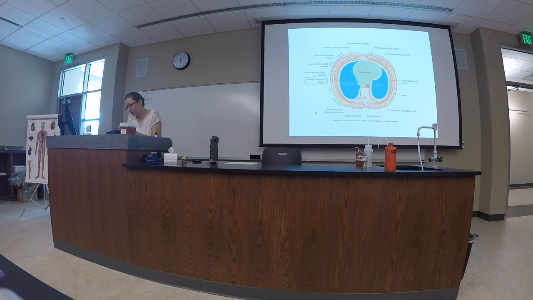You can see the layers of the intercostal muscles, so the innermost, the internal, and the external intercostal muscle. You see how they're oriented and how the cutaneous branches of the vessels and nerves are coming through the internal and external intercostal muscle layers. You see orientation of the internal thoracic artery there.